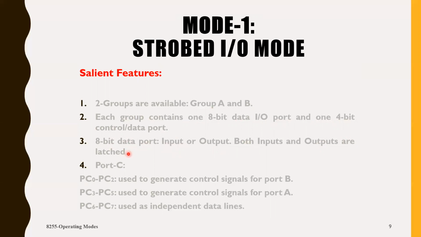This is the basic difference between mode 0 and mode 1. And here port C, as we all know, is 8 bits. So the first 3 bits, PC0 to PC2, can be used to generate the control signal for port B, and PC3 to PC5 can be used to generate the control signal for port A, whereas PC6 and PC7 are used as independent data lines.